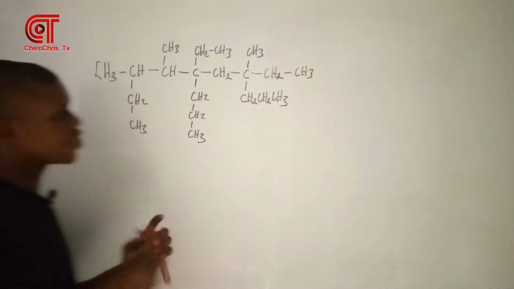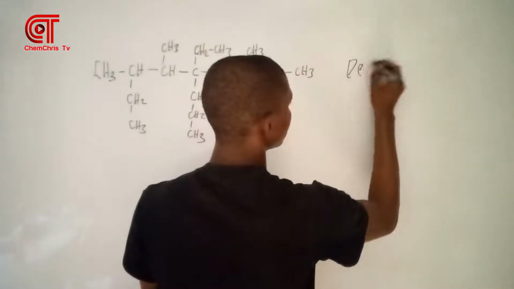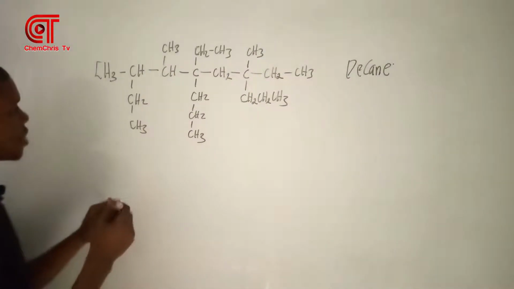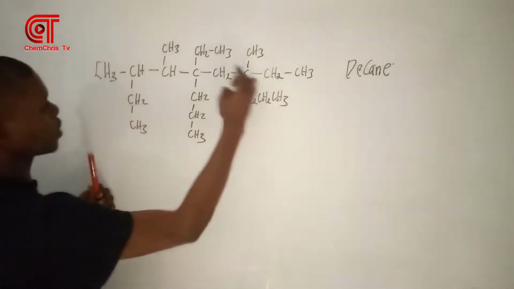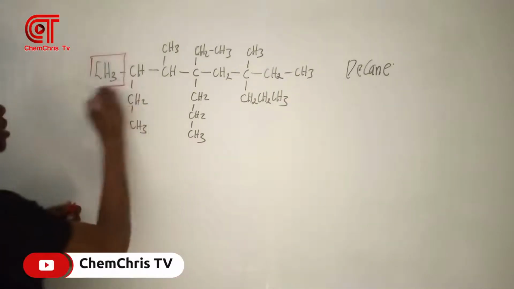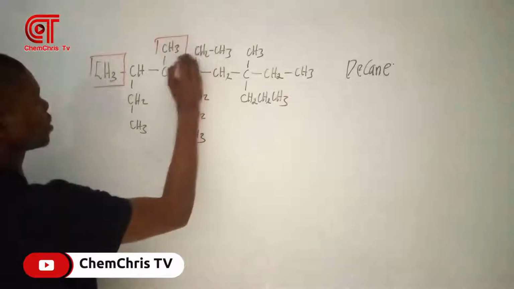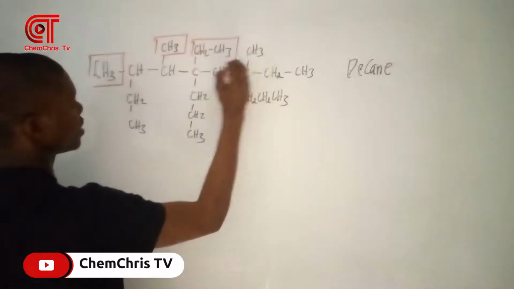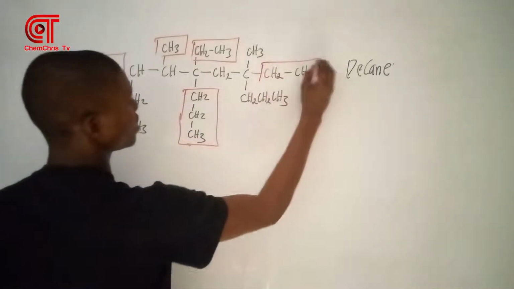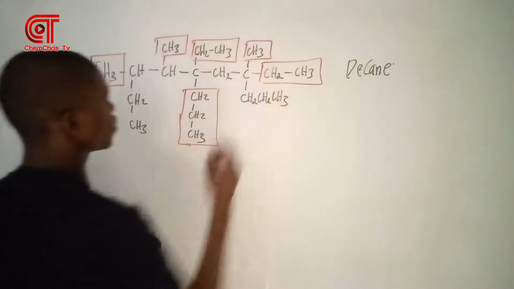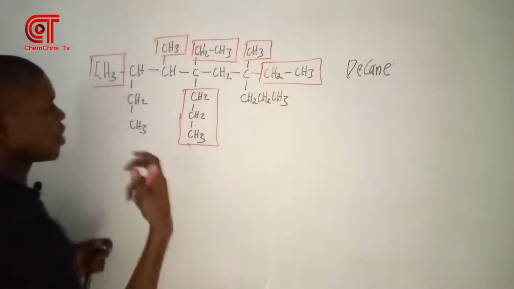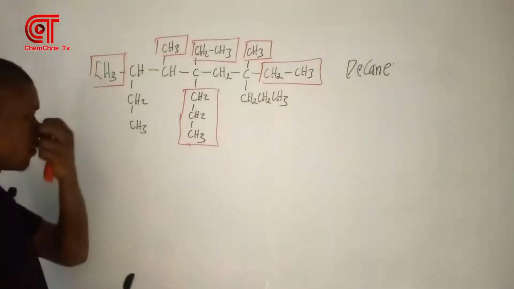The parent chain is going to be decane. So I'm going to have this guy as a substituent, here as a substituent, here as a substituent, here as a substituent, here as a substituent, here as a substituent. So here we have 1, 2, 3, 4, 5, 6, six substituents, right?